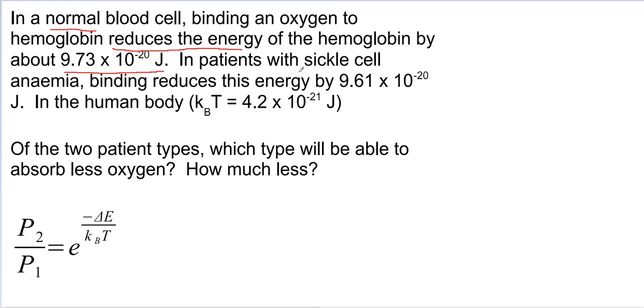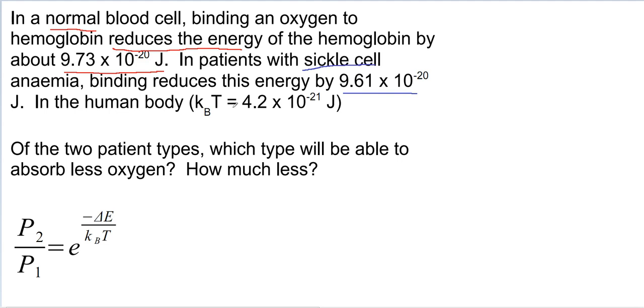If you compare that to a patient that has a non-standard cellular configuration such as sickle cell, instead of binding to oxygen, reducing the energy of hemoglobin by this amount, the amount actually differs.